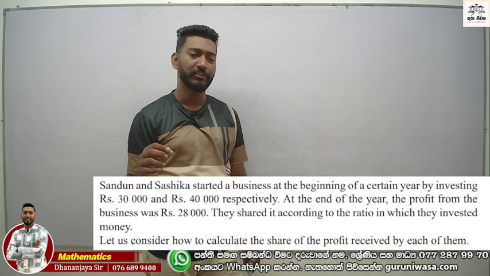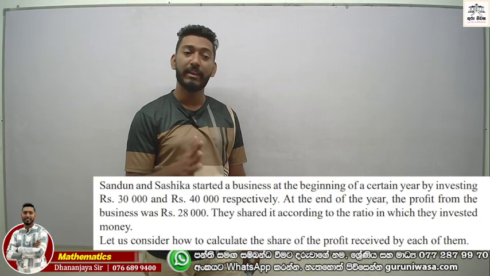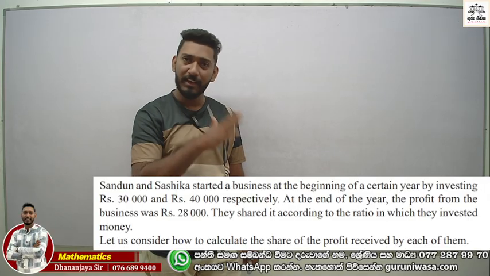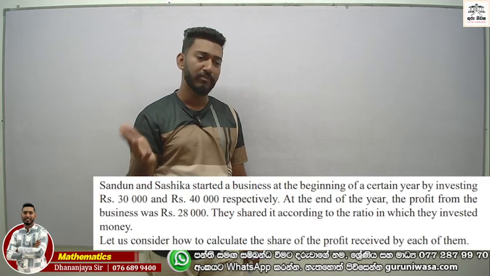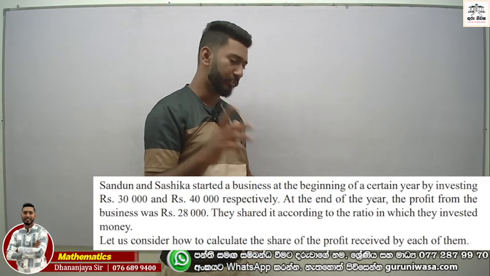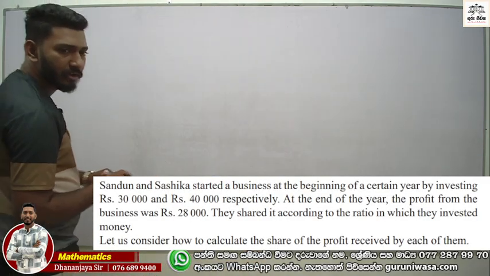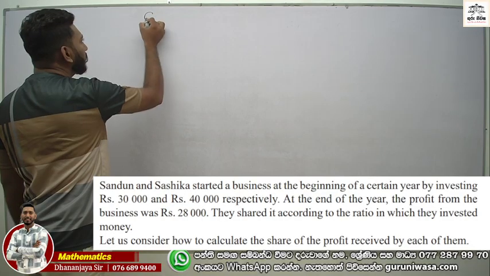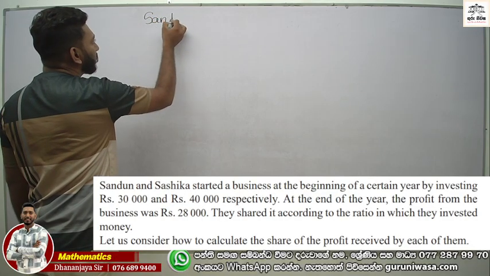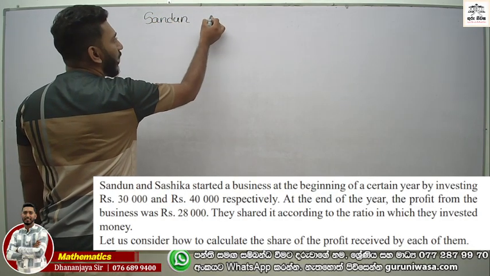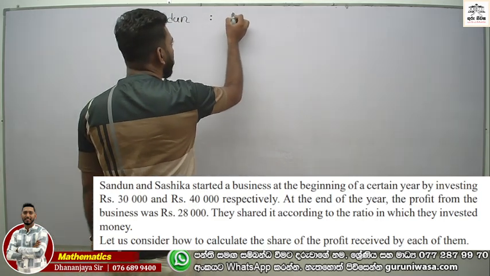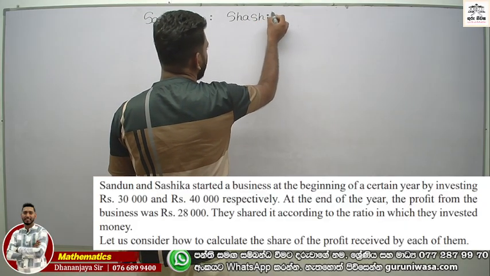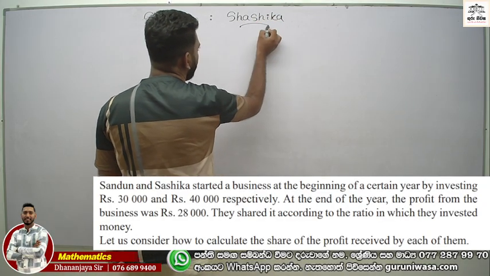Sadun and Shashika started a business at the beginning of a certain year, and the investing amounts are 30,000 for Sadun and Shashika invested 40,000.